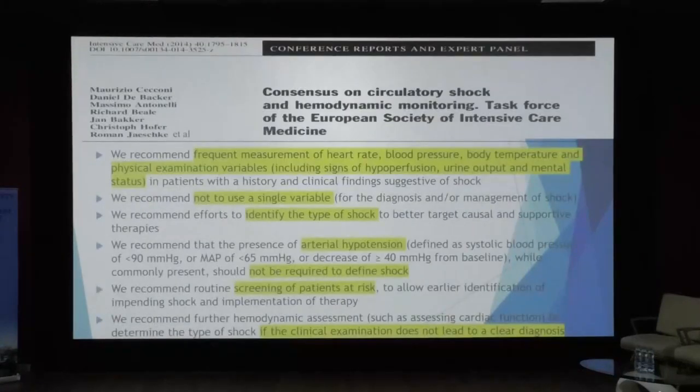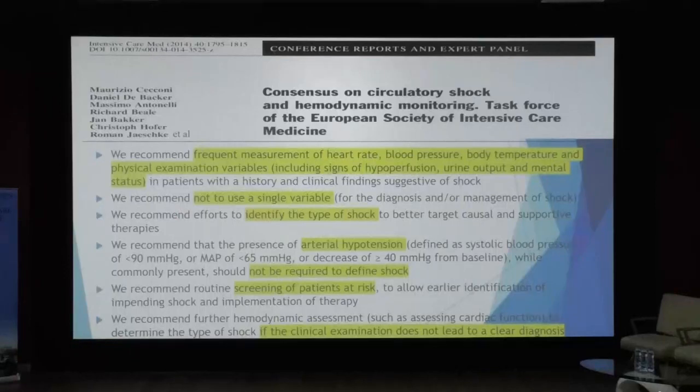The ISCCM in 2014 gave a consensus definition of what we should follow in hemodynamic monitoring. It is important to take frequent measurements of the basic vital parameters: heart rate, BP, temperature, and physical examination variables from time to time. A single measurement is not sufficient to make a diagnosis.